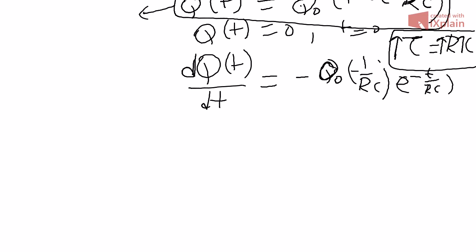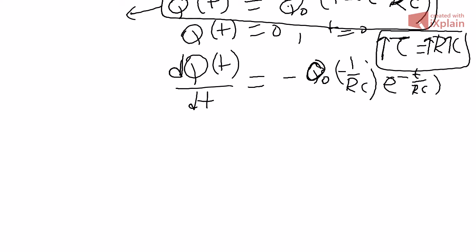So this is the current at any time across the circuit. Or we can also write it as, we know that q is equal to CV, so this we can write as V naught into C, or the EMF, which we have taken as E naught.